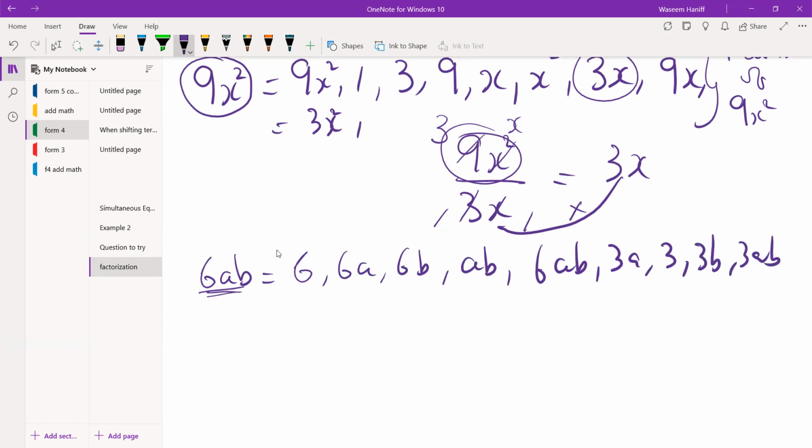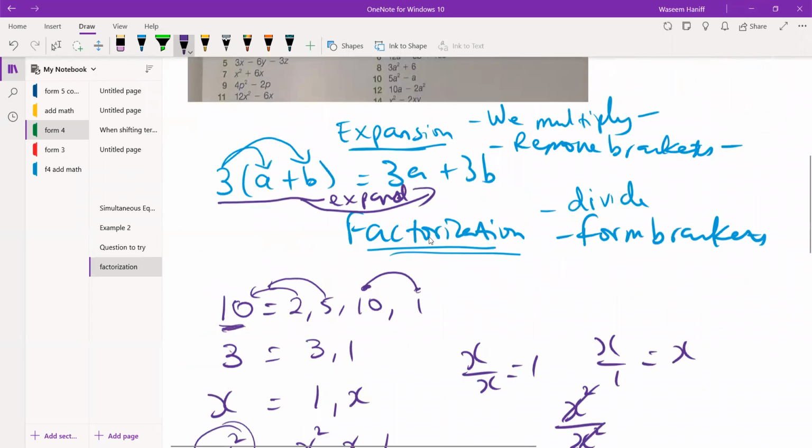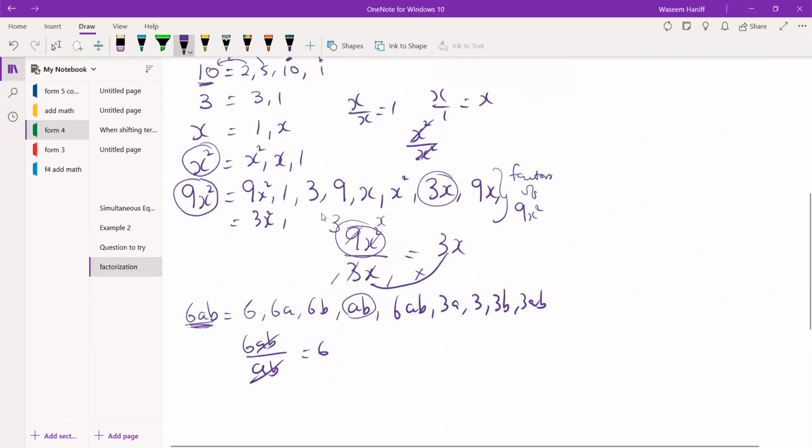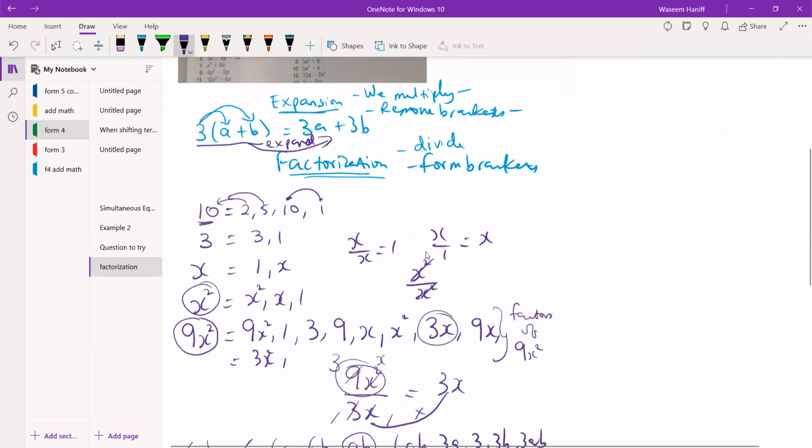So we can get the point, right? All of these are the factors of 6ab. Let's pick a random one, ab. So 6ab divided by ab, this could divide comfortably, right? Good. So we can get the idea of what a factor is, and we can see the factors of various numbers, various expressions, and various terms, right?